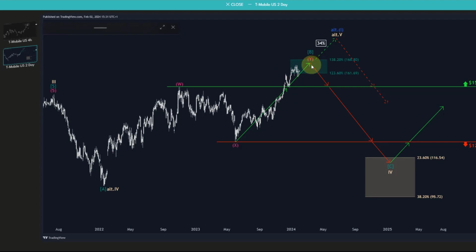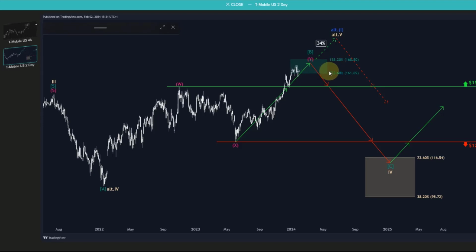It's a clearly corrective structure at the moment, which counts best as a so-called WXY structure, which is a more complex correction. The price recently broke above this wave W top, which is here at $154.38. That was a resistance level. The price broke above that level and is now reaching the target area that we communicated before.